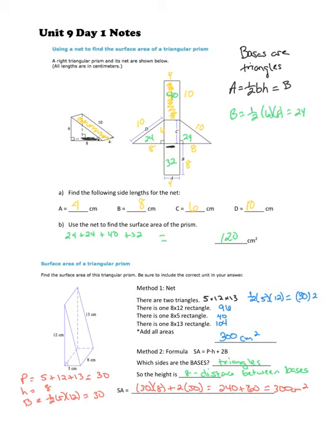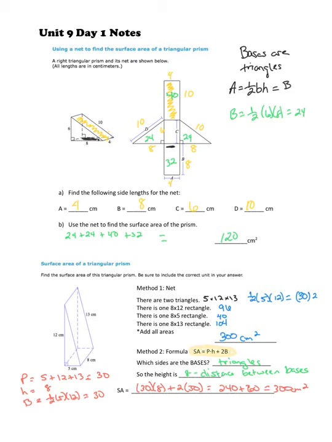Alrighty, so you've learned 2 ways to calculate the surface area of a rectangular prism and a triangular prism. And you're going to calculate the surface area of any prism this same way.